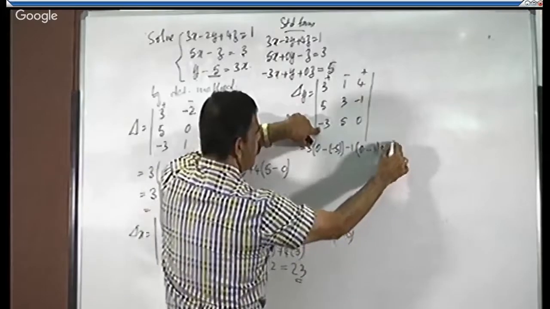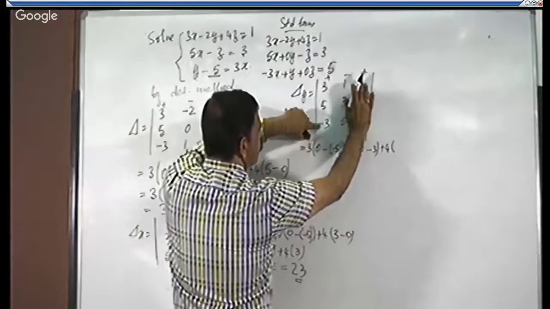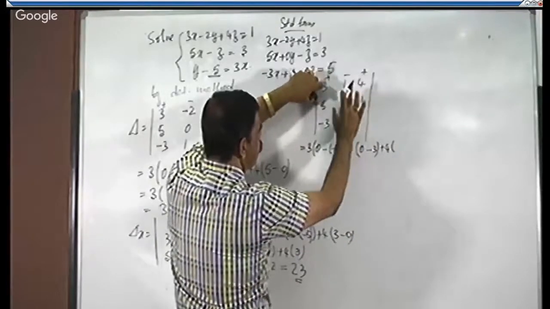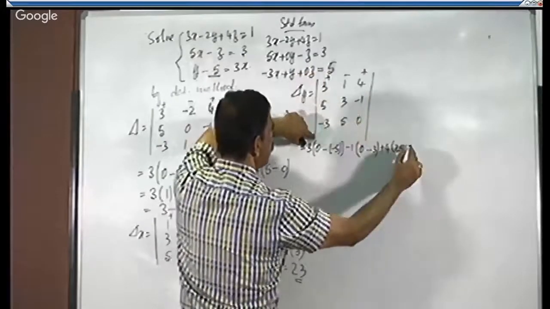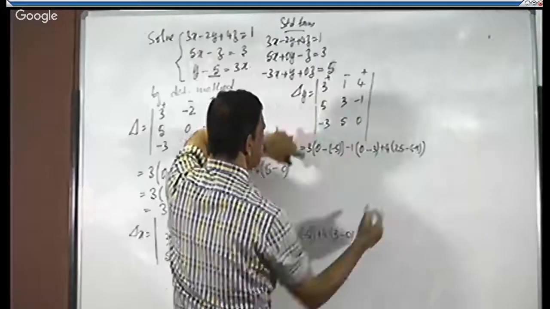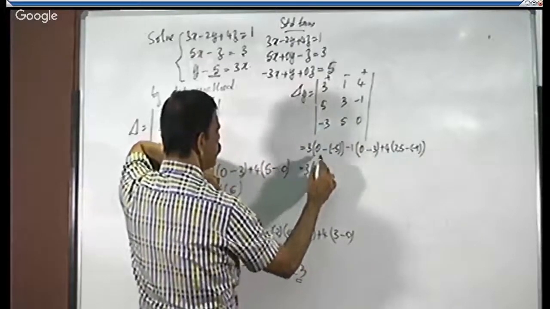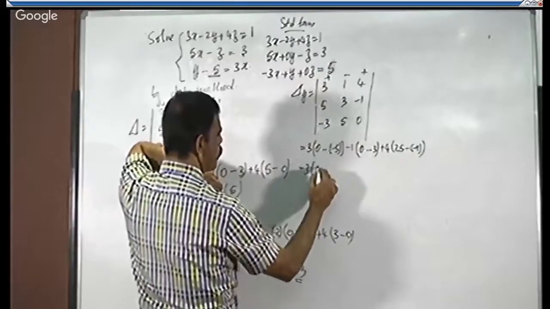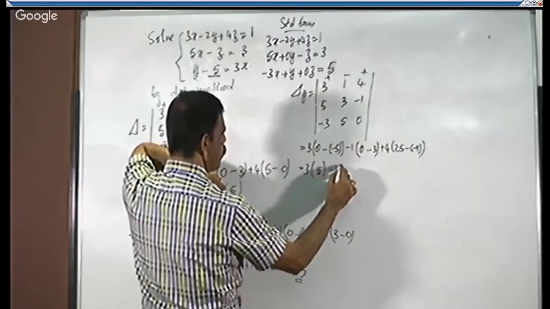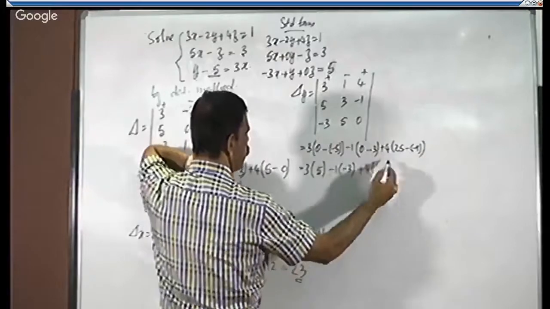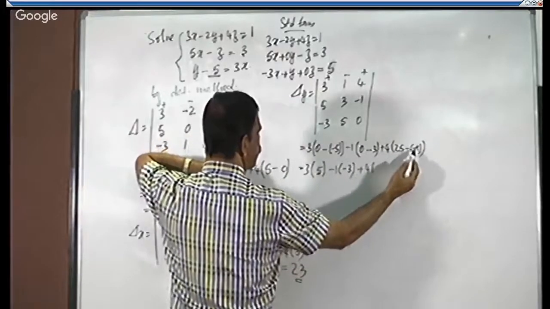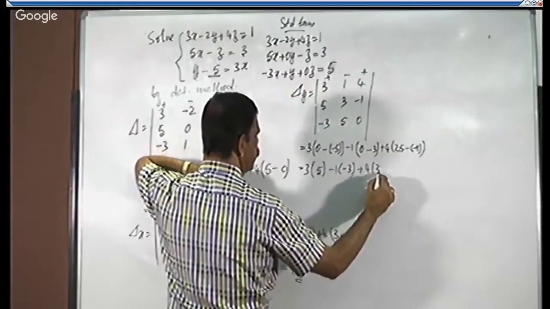Plus 4 into, leave the corresponding column and corresponding row. 5 5s are 25, minus 3 into minus 3, minus 9. That is 3 into 0, minus of minus, plus 5, it is 5 only. Minus 1 into 0 minus 3 is minus 3, plus 4 into 25, minus into minus, plus 9, it is equal to 34.